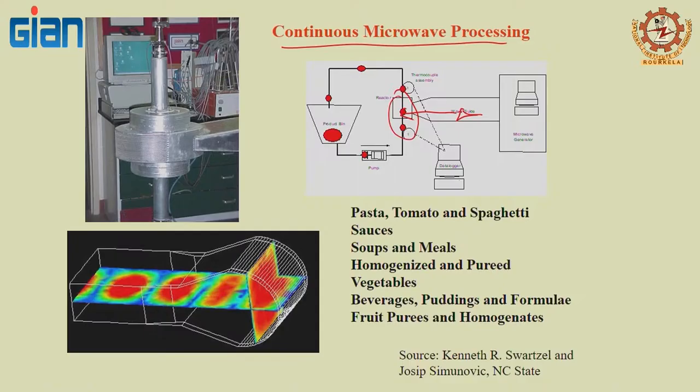So, in this example, your soup may be flowing here, and then the microwave is applied here. Once you have that, you have a hold tube, and then you have a cooling section, and then you have aseptic packaging, and so on. So, it is a continuous method of processing.